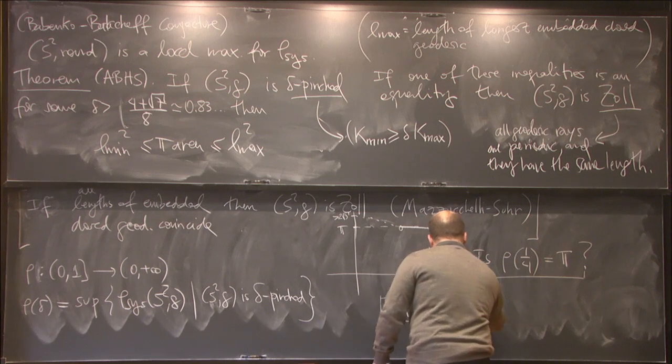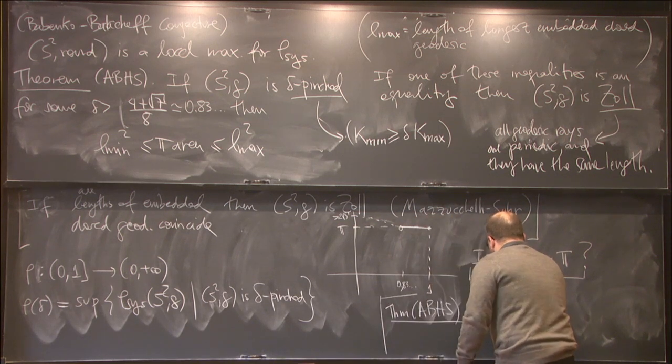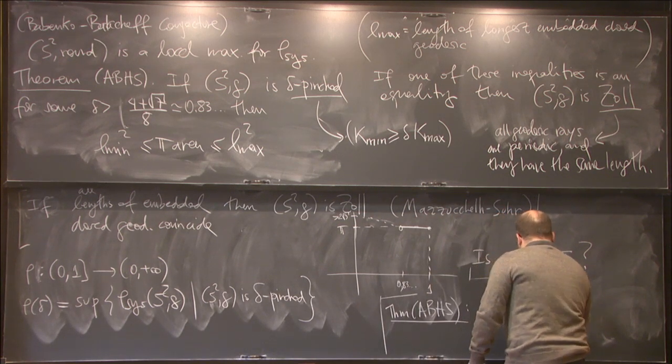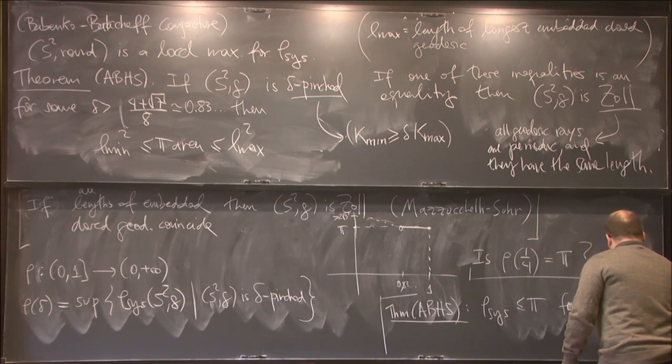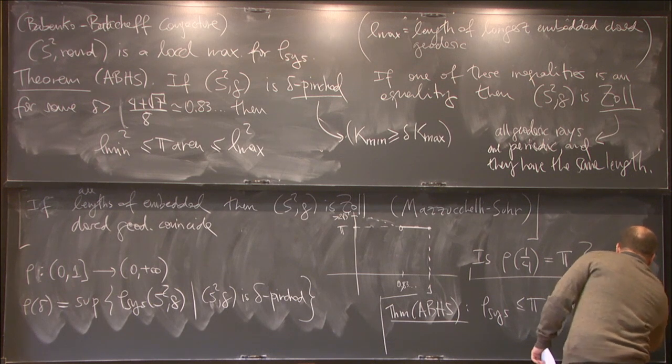Another result I'd like to mention, maybe I'll state it here, is that the systolic ratio is not bigger than pi for all spheres of revolution.